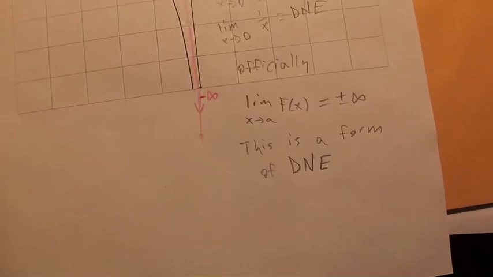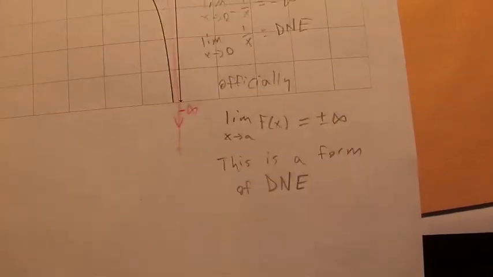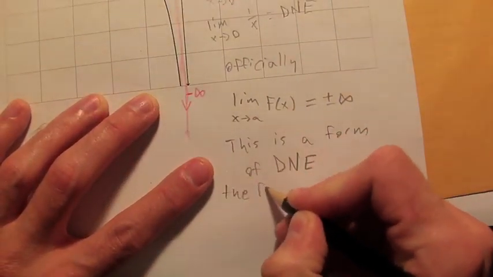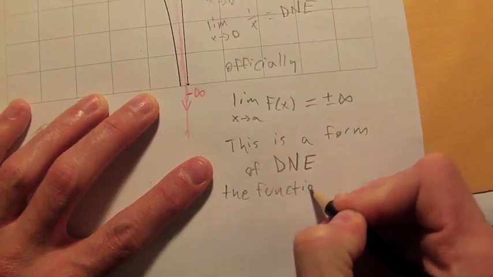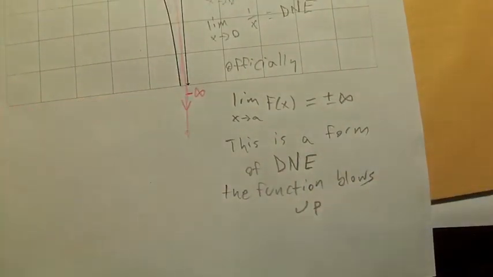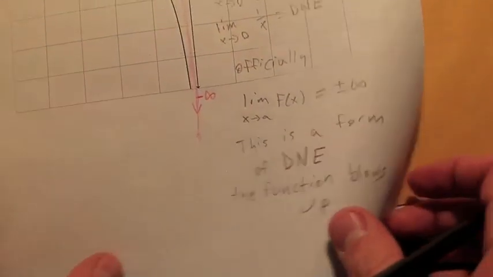We can say, hey, it's shooting up to positive infinity, or shooting down to negative infinity. We have a blow-up point. The function blows up in some way. So it's a subtle type of does not exist, but it needs to be mentioned all the same.